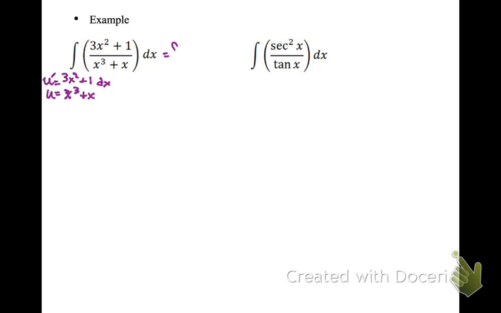So we have the natural log. I was skipping right to the answer. Stop that. I know. U prime over u. So we get the natural log of x cubed plus x. Don't forget your c.